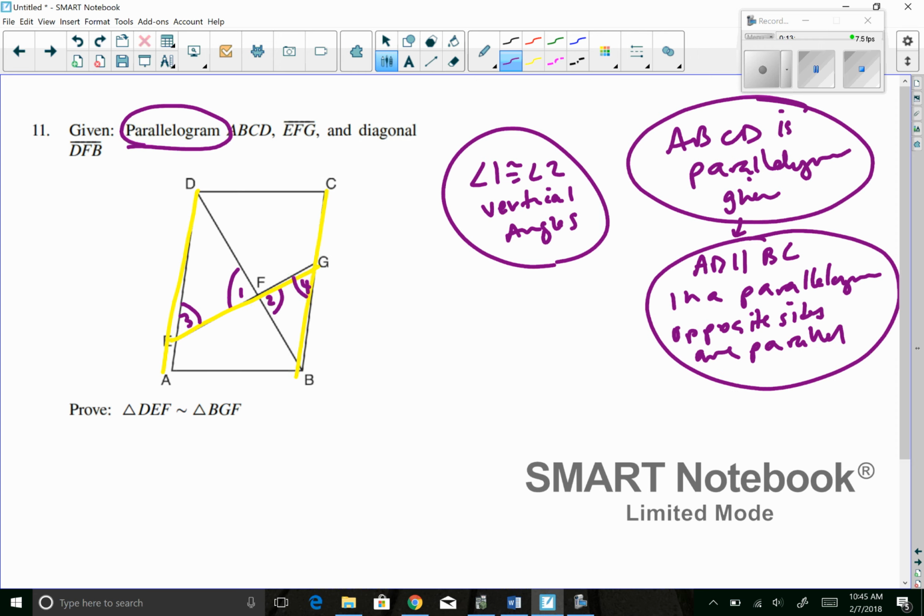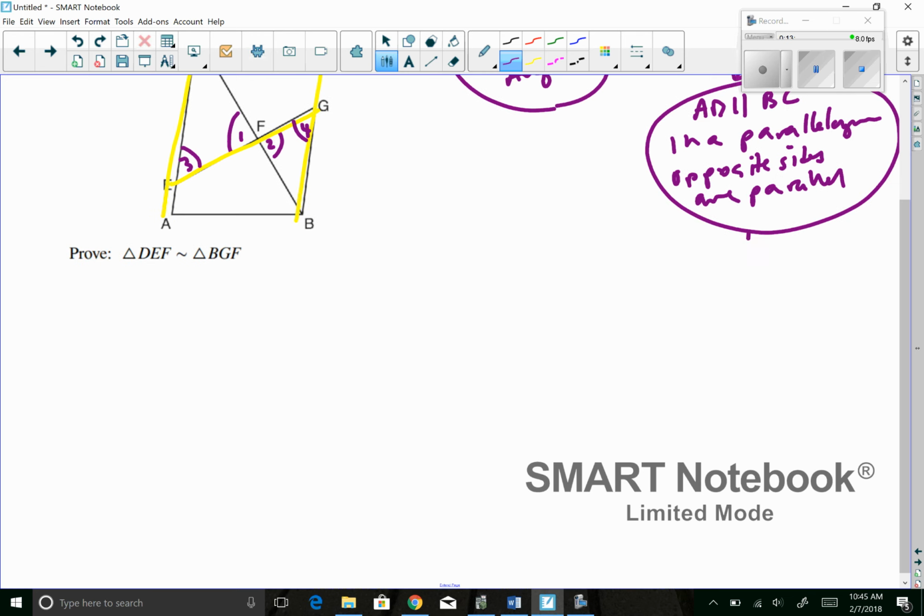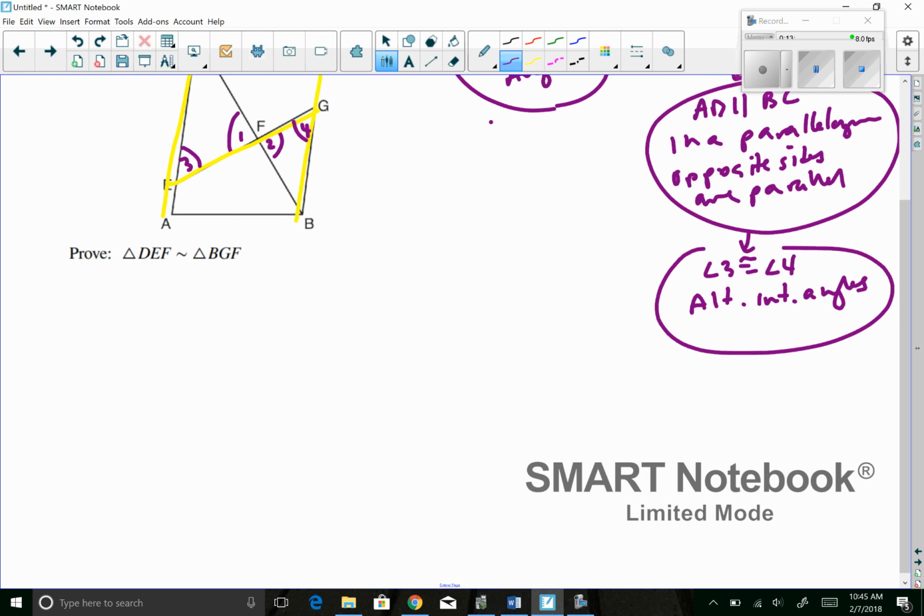And from that, I can then say 3 and 4 are congruent because of alternate interior angles. And then from these two statements, I could say that triangle DEF is similar to triangle BGF by angle.